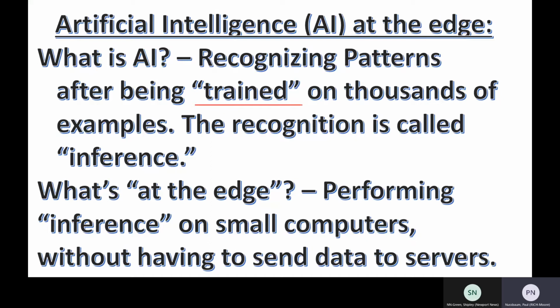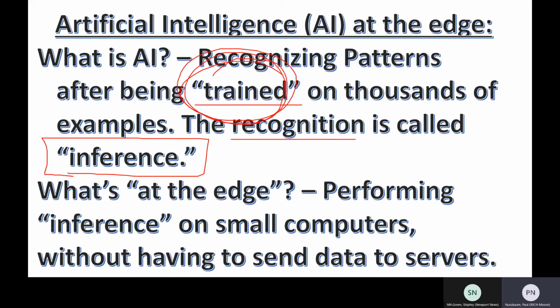Once it's been trained, the recognition function, that thing I said, recognizing patterns, is called inference. Mostly, artificial intelligence does involve a lengthy training period, but that's only performed once. Once the system is trained, it's the inference or the recognition function that has to be performed over and over again.